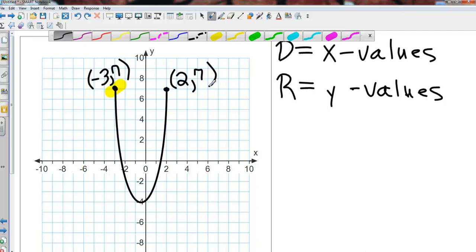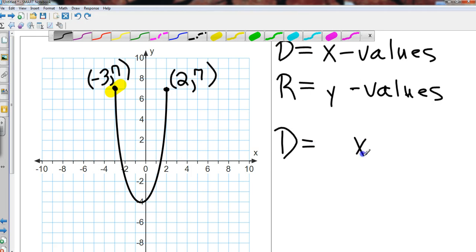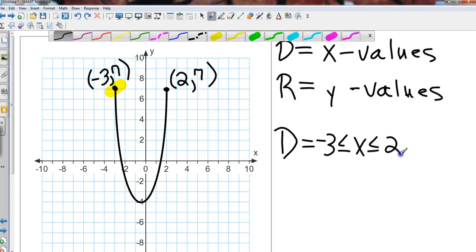So here's my domain. I have an x value in the middle that's greater than or equal to negative 3. And what is it on the right-hand side? Is it greater than or equal to 2, or is it less than or equal to 2? It's less than or equal to 2. So we just created a compound inequality showing that my x values are somewhere between negative 3 and 2.